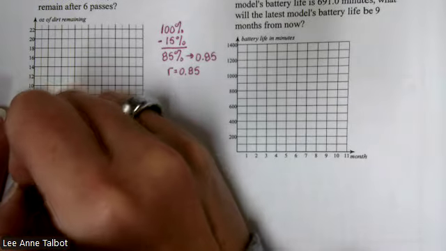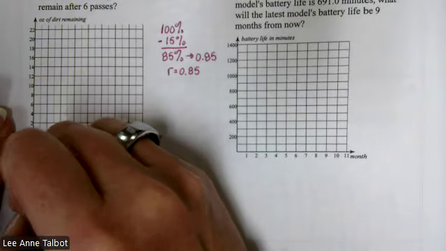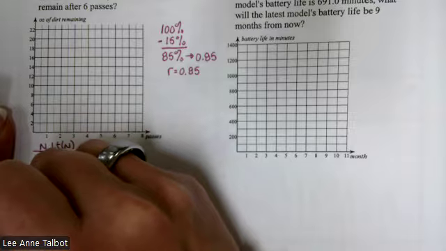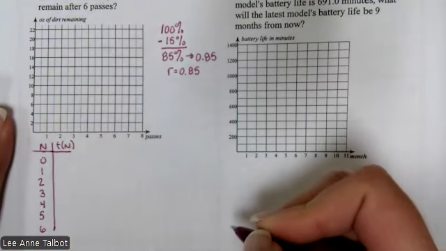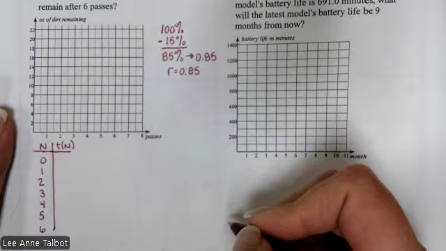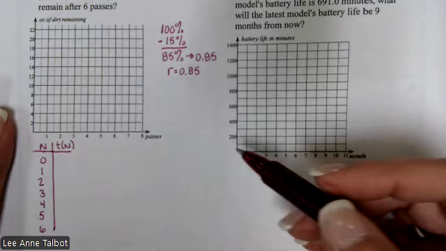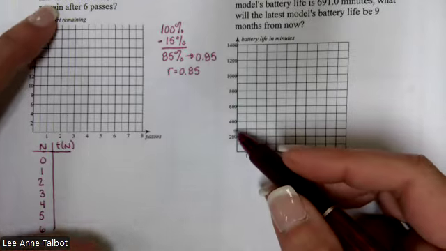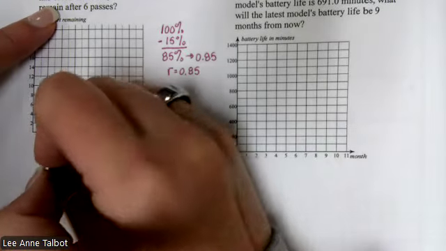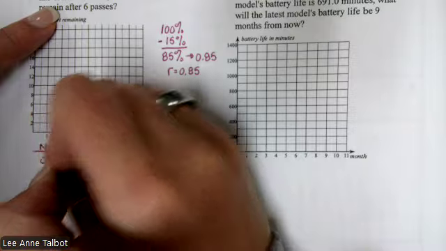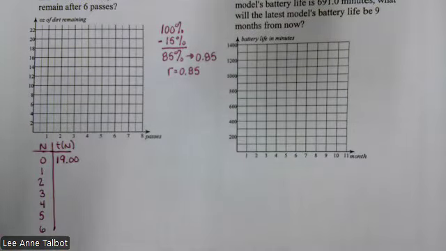Does that make sense for this problem? Do you guys see why I went from 0 to 6? Because it says 6 passes. Okay, how much did it have initially? 19. And you can put 19.00 because it's telling you to round to the nearest hundredth place.